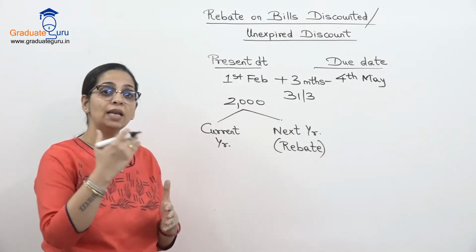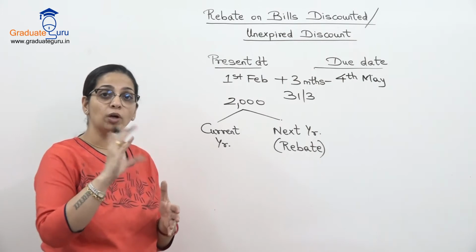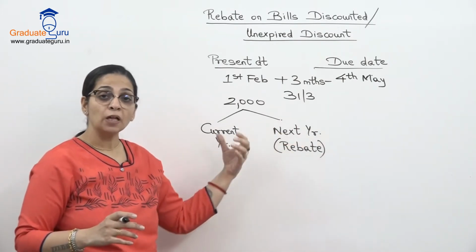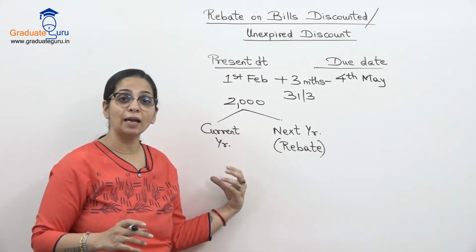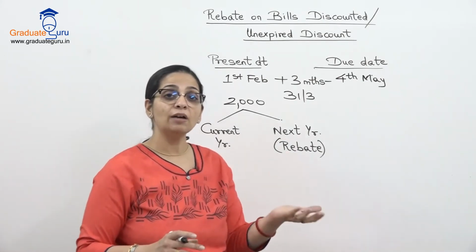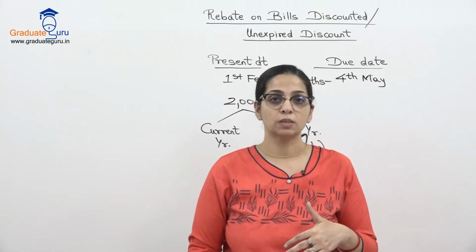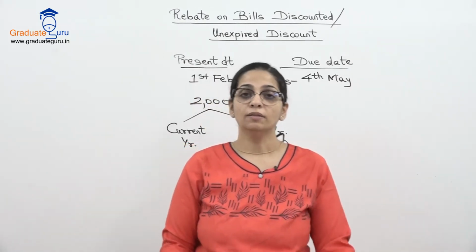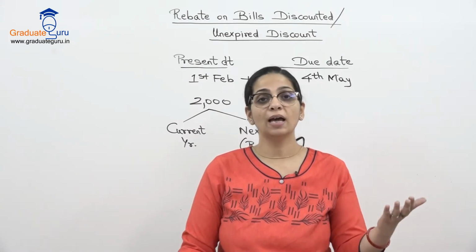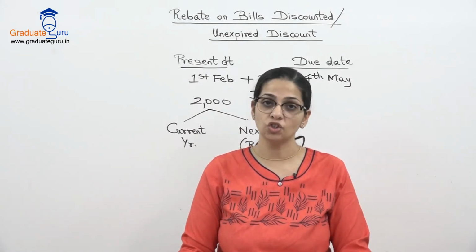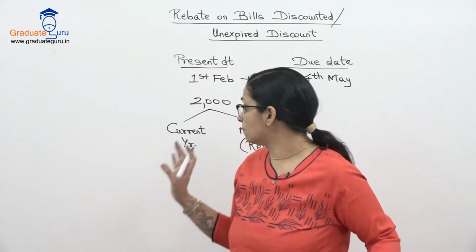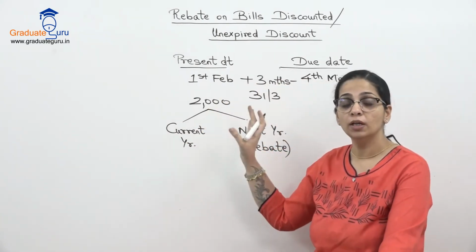It will be a little lesser than 2,000, and whatever I am deducting, that will be next year's income. So in this year, it is my liability. Why? Because I have received that income in advance. So that rebate amount जो हम दिखाएंगे, that will be shown as other liabilities in our balance sheet schedule of other liabilities and provisions. Okay, so that is basically our concept of rebate.